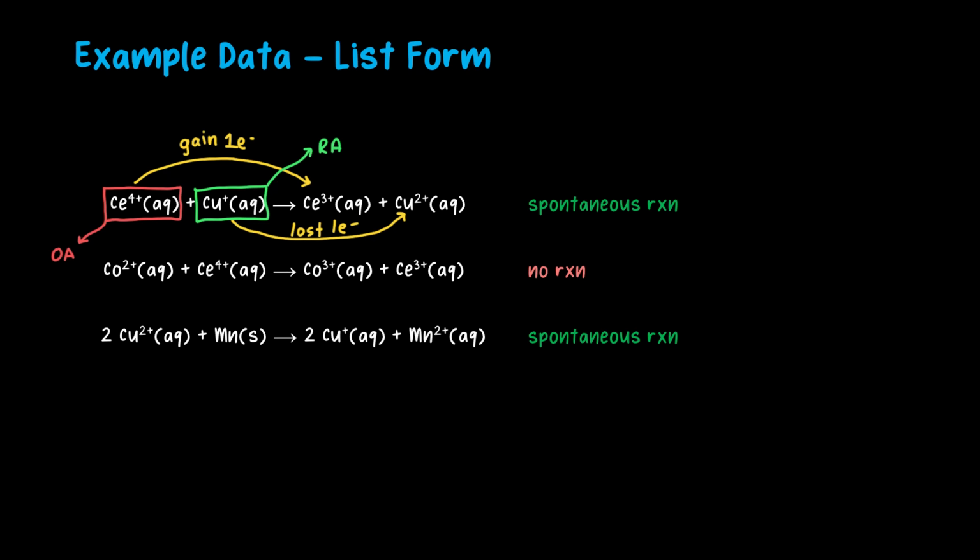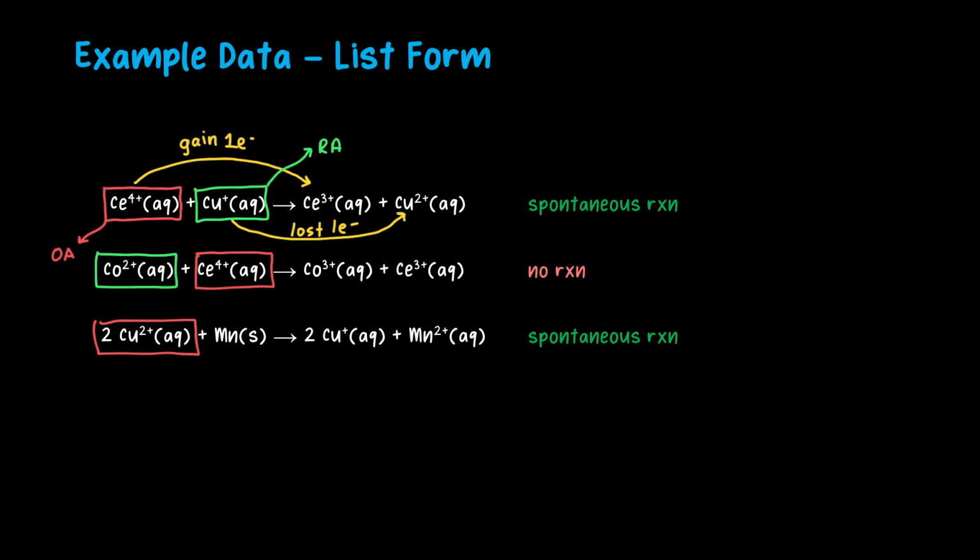And we can do the same for the next 2 reactions. So here we see Co2+ is oxidized. It loses an electron to form Co3+, so that's going to be our reducing agent. And Ce4+ will again be our oxidizing agent. And in our final reaction, Cu2+ gains an electron, so that is our oxidizing agent.